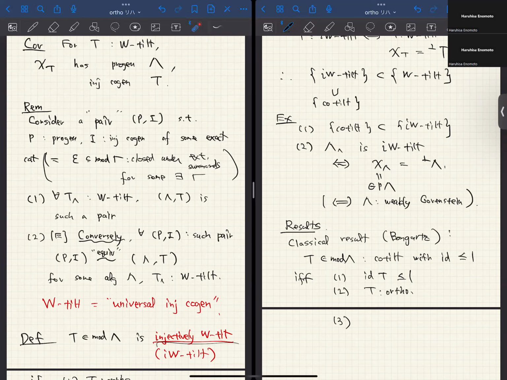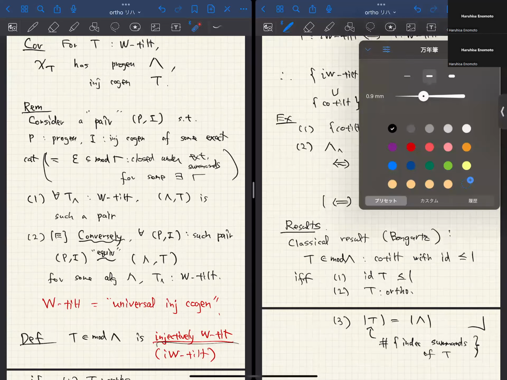The third condition: in the definition of cotilting module, we have to construct a finite resolution of lambda by add T. But this can be replaced by just counting the number of indecomposable direct summands of T. So this gives a very convenient numerical condition for cotilting or tilting modules, clearly easier than constructing a resolution.